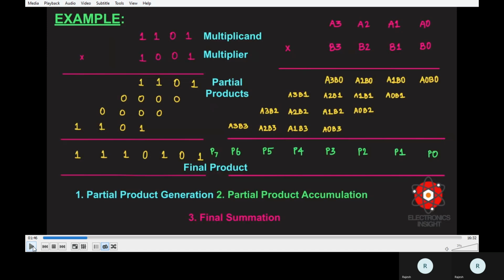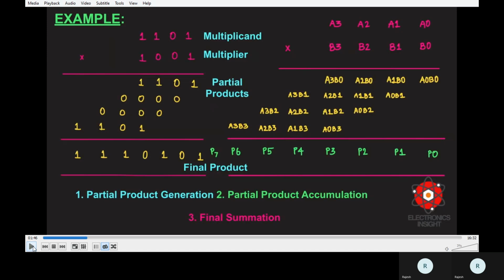But not only the sum of the above 3, you also get a carry from the previous stage. So it requires that the output is represented as P7 to P0. First, we generate partial products. Next is partial product accumulation. Next is final summation.